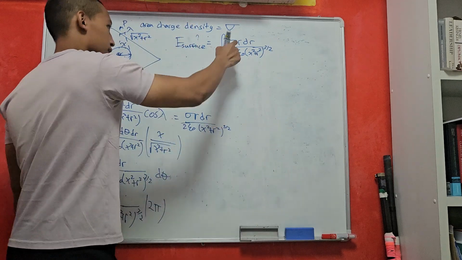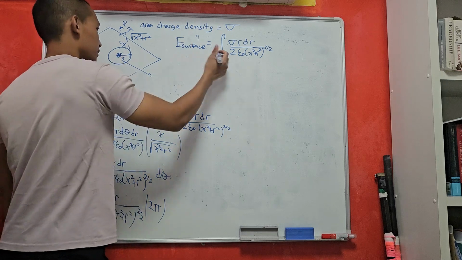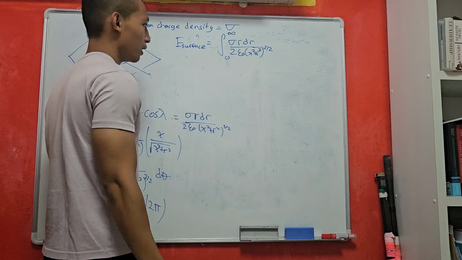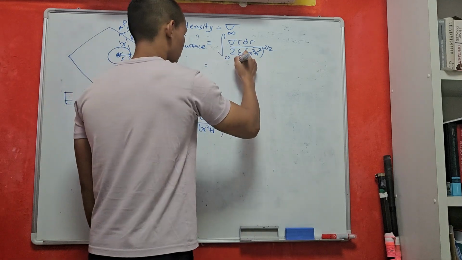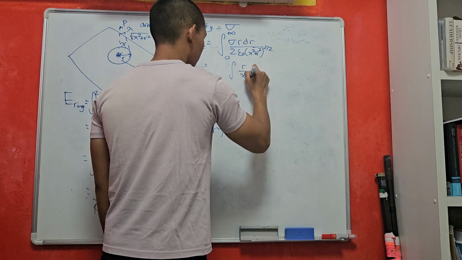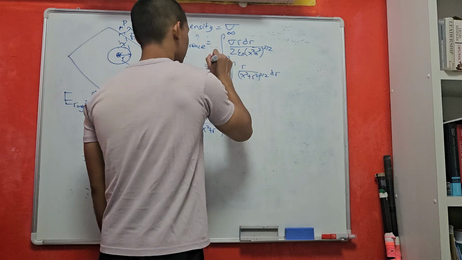And we'll be integrating it with respect to dr, from radius equals 0 to radius equals infinity. And this is just the integral of r over x squared plus r squared to the 3 over 2 dr.